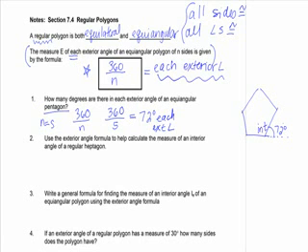I agree, they're supplementary. So how could you use that then to find the measure of the interior angle? 180, perfect. In other words, 180 minus the exterior angle equals the interior angle. Or in this case, it would be 180 minus 72 to get our interior angle as 108. So in this problem, although it only asks for the exterior angle, I ended up finding the interior angle as well. So this would be each interior. And it's important not to get these mixed up, so make sure you're good about labeling them, okay?